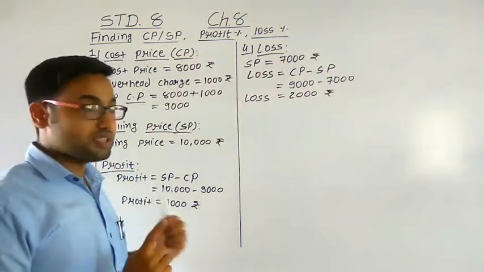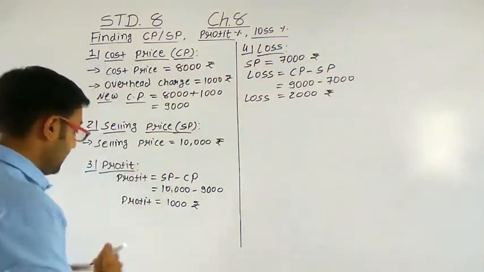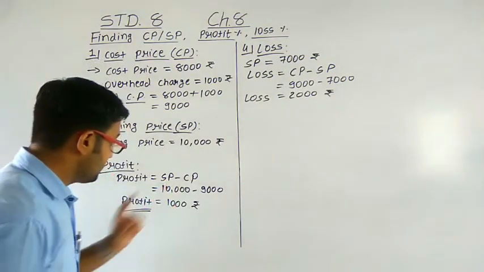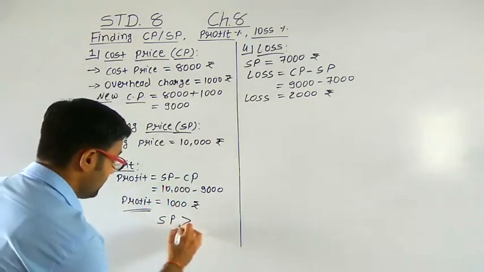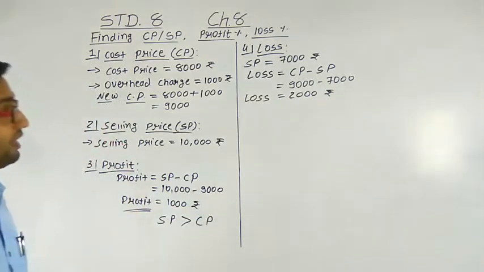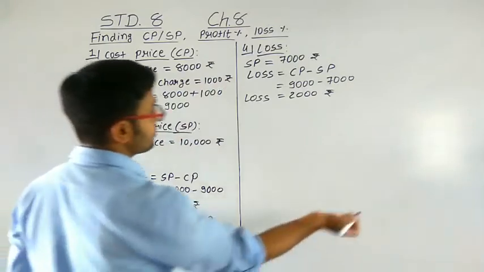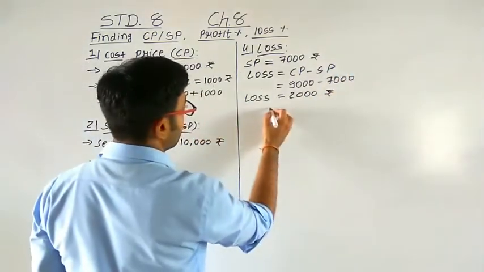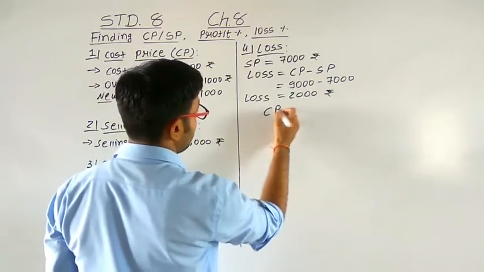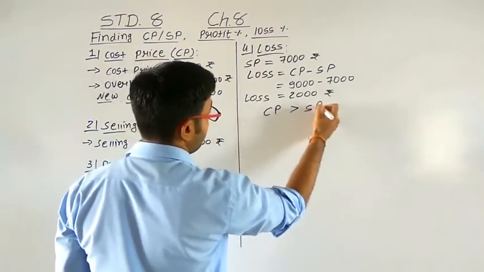So here you have to understand, whenever you make a profit, the selling price is always greater than the cost price, and when you make a loss, then your cost price will be greater than the selling price.